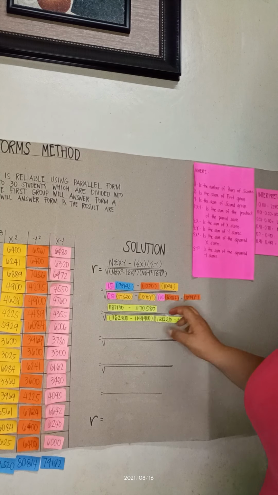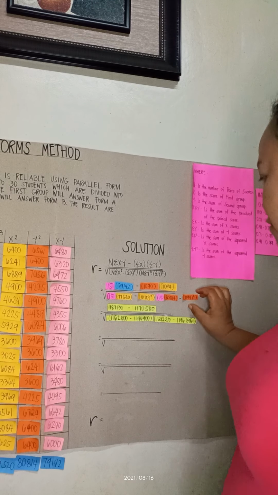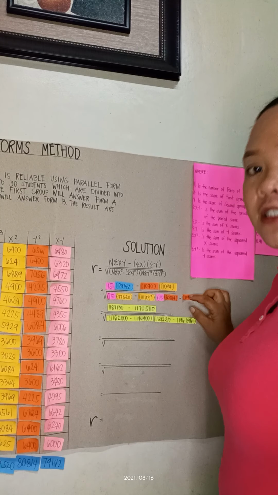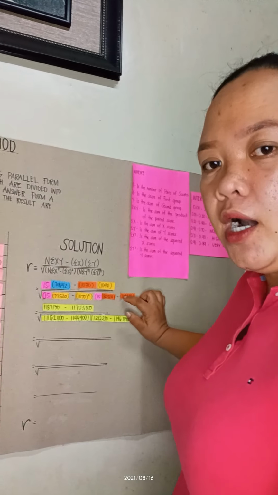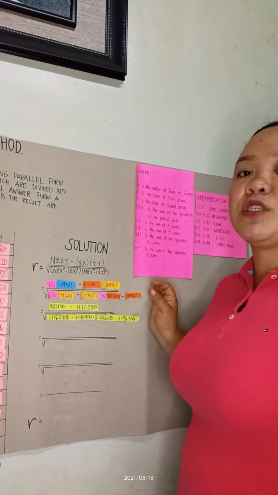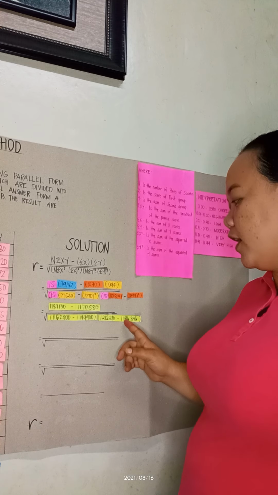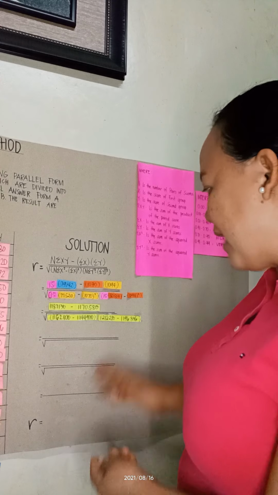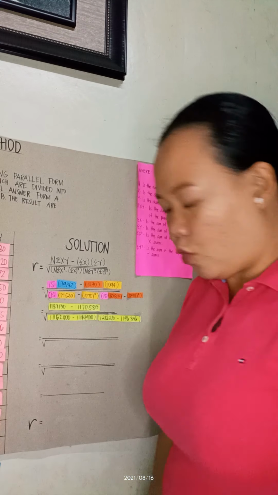Next, like what we did with this number, we will also do with this number. You have to multiply the number by itself. So 1,094 times 1,094 is equal to 1,196,836. That is the answer for 1,094 squared.